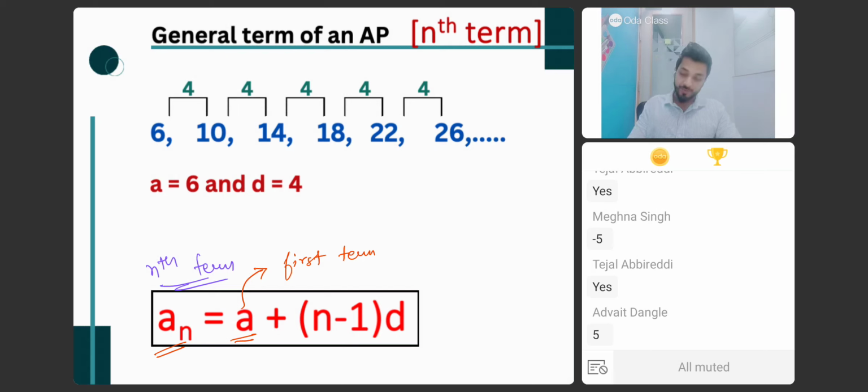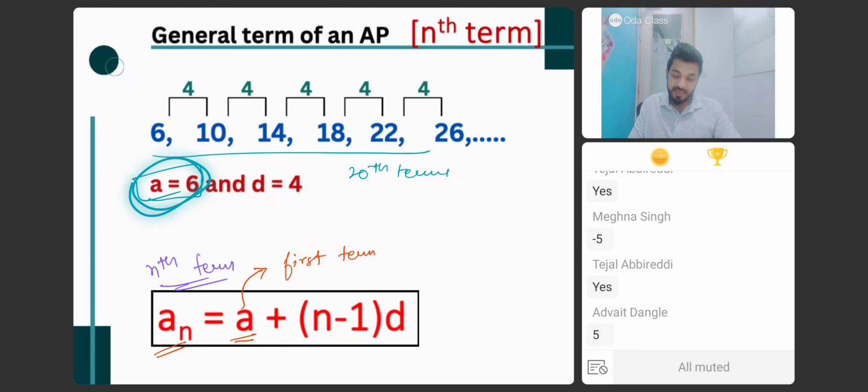So for example, for this sequence, we need to find out the 20th term. You just have to replace this n by 20. First write down what the common difference and first term are.